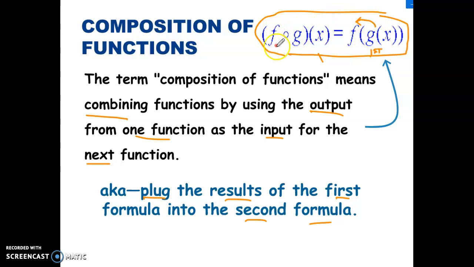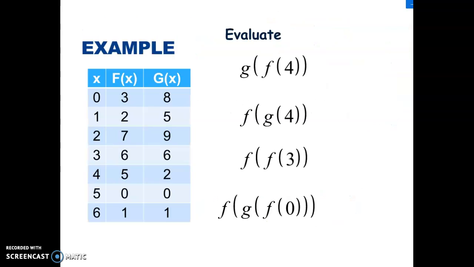This is another notation we have for composition: this little open circle. If it's a closed circle, that would be multiplying the two results, but with an open circle, that's composition. It works the same way, backwards: take the g result and plug it into the f function.